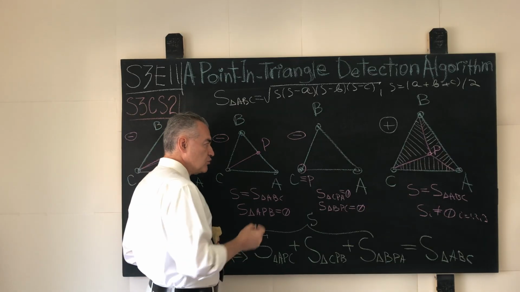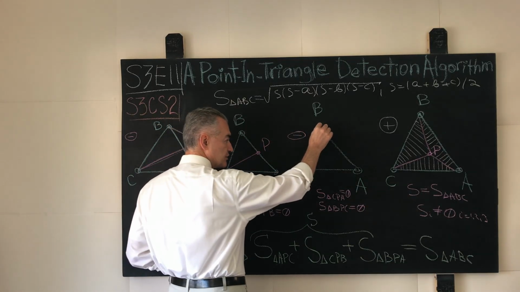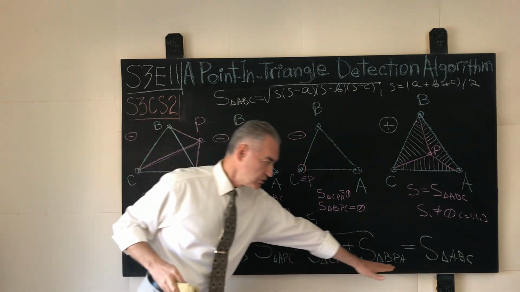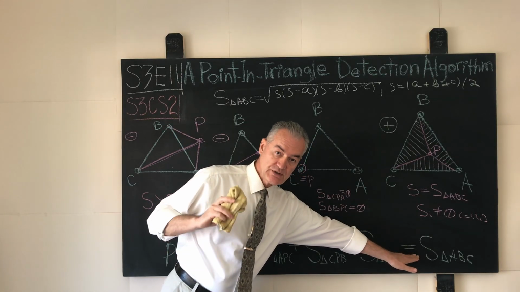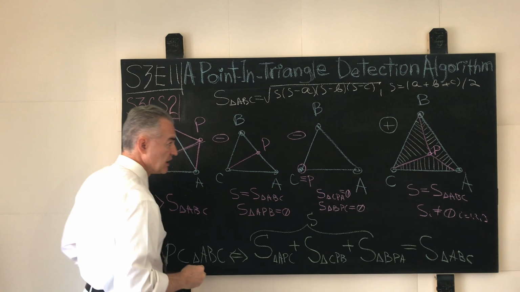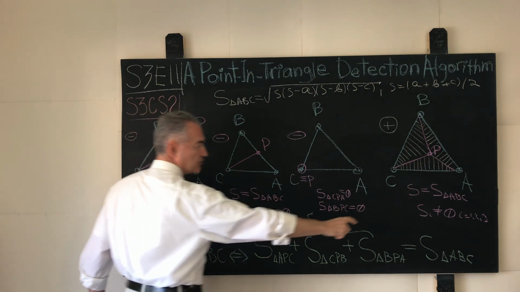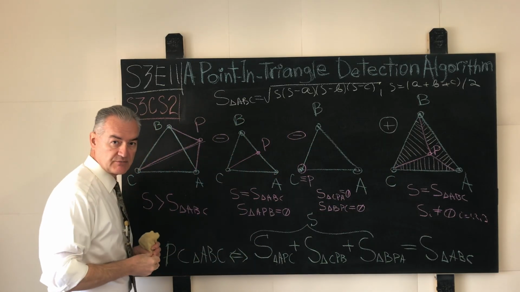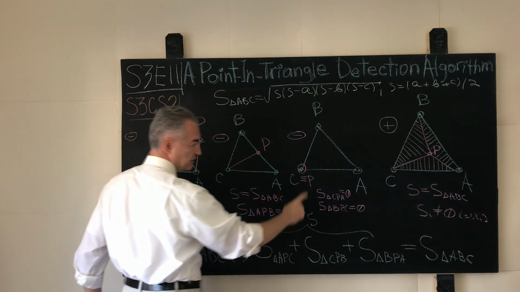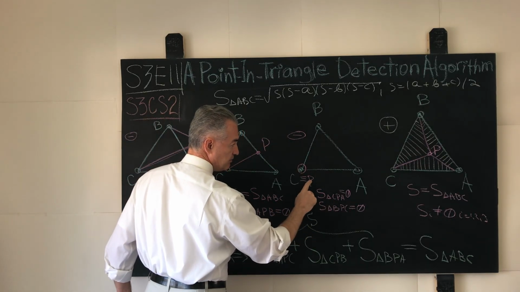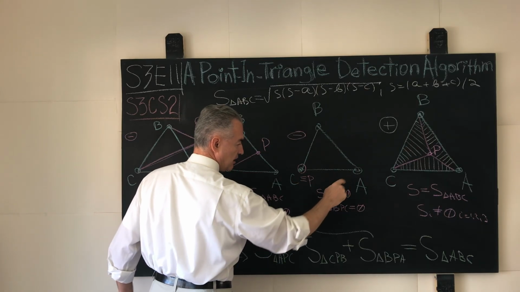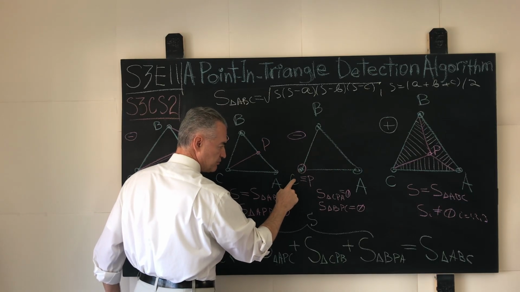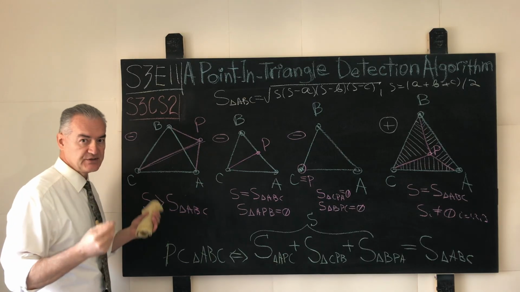Next case, we carefully move the point P into one of the vertices A, B, or C of a given triangle. In this case, evidently we will have the demanded equality, but the caveat is the following. When we move, let's say, point P into the vertex C, how many triangles will be degenerate? Two triangles will be degenerate. Well, in this specific case, the triangle CPA and the triangle BPC, since the point P precisely coincides with the vertex C of our triangle.